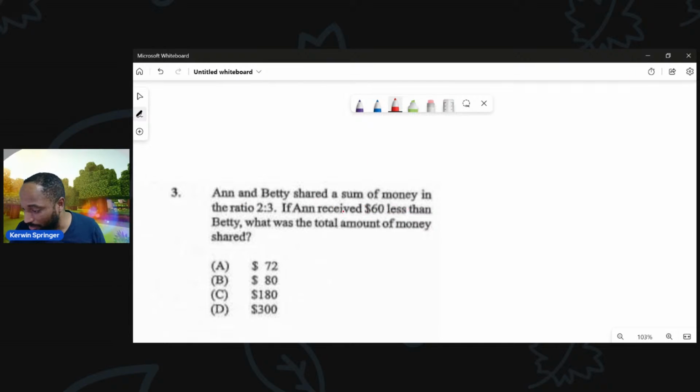Ann and Betty shared a sum of money in the ratio 2 to 3. If Ann receives $60 less than Betty, what they're trying to say is $60 is the difference between 2 parts and 3 parts. What is the difference between 2 parts and 3 parts? Take your time with this. 3 minus 2 is 1. Hopefully you get 1.